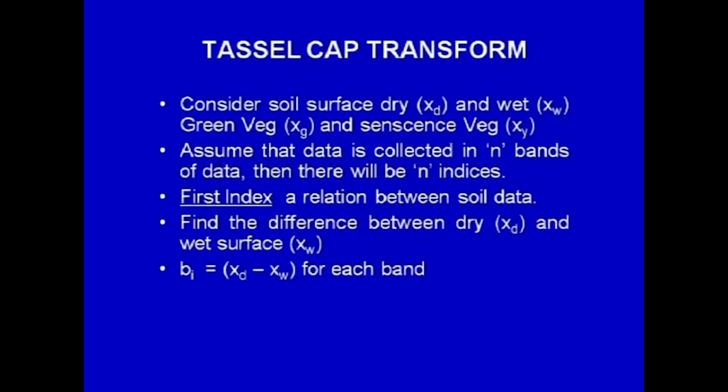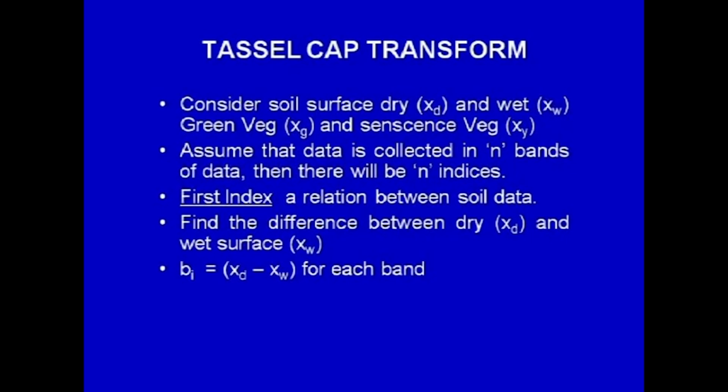So, let us now look at how we formulate the coefficients of the tasseled cap. Since there are three broad features on the earth surface: vegetation, soil and water, let us consider different conditions of soil, water and vegetation. Let us consider that there are pixels related to a dry soil surface.